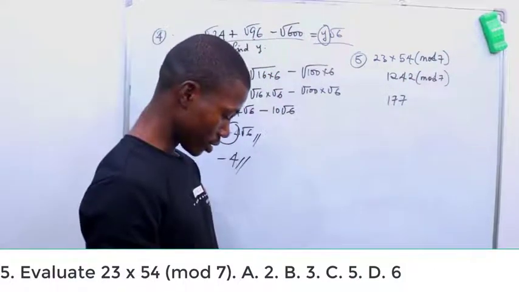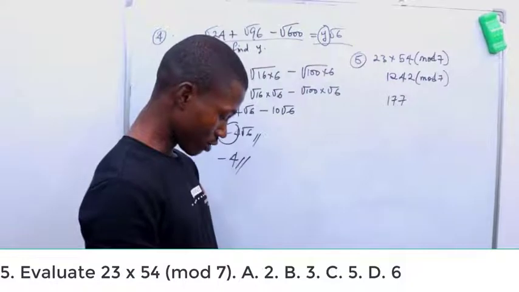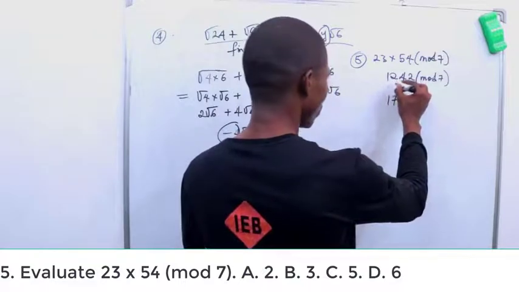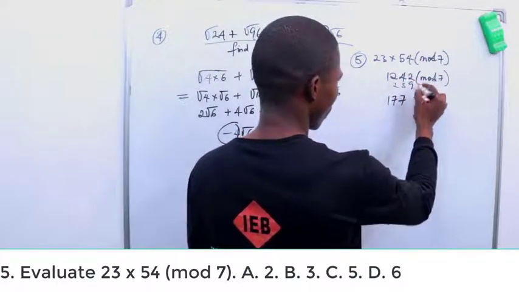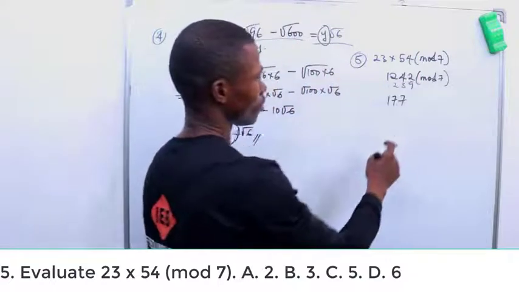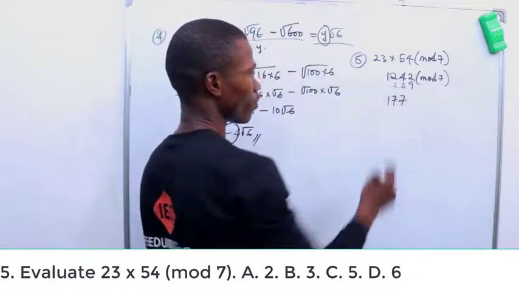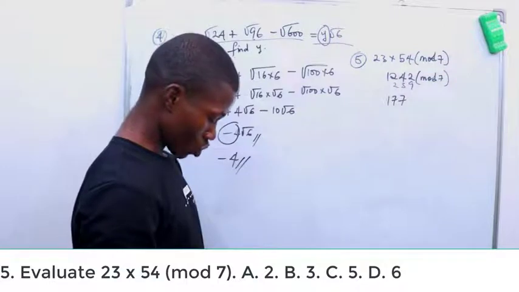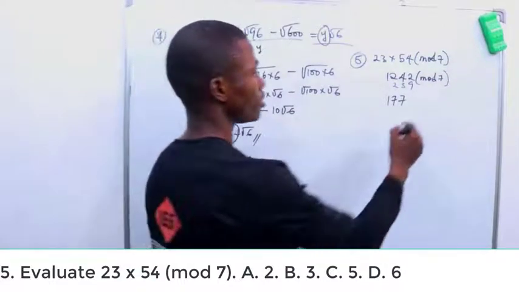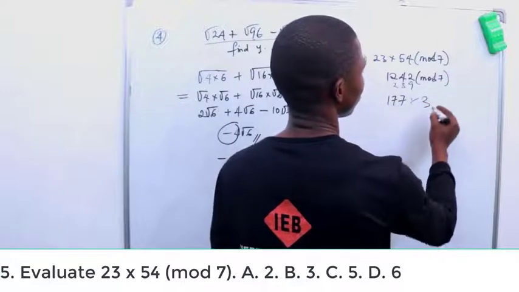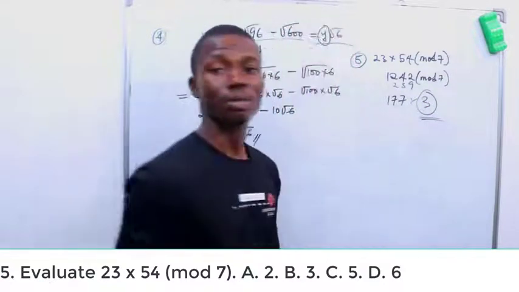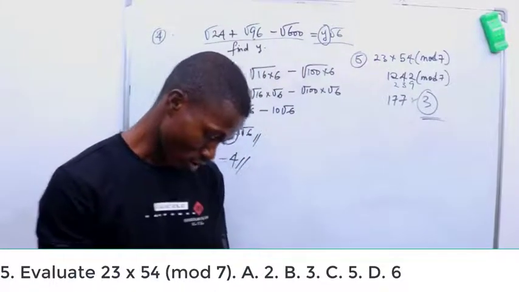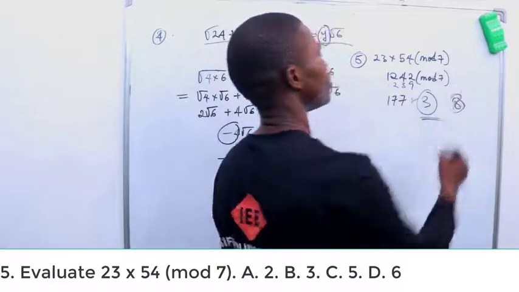So 177 multiplied by 7 will give us 1239. If you subtract, 1242 minus 1239, our answer is remainder 3. That is modular arithmetic. You pick your remainder, that is your answer, and from our question the remainder is 3, option B. So option B is our answer.